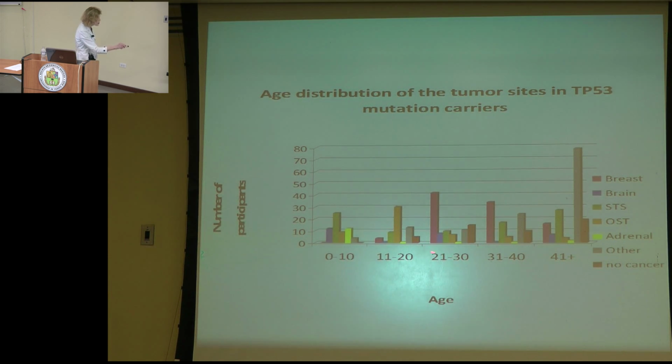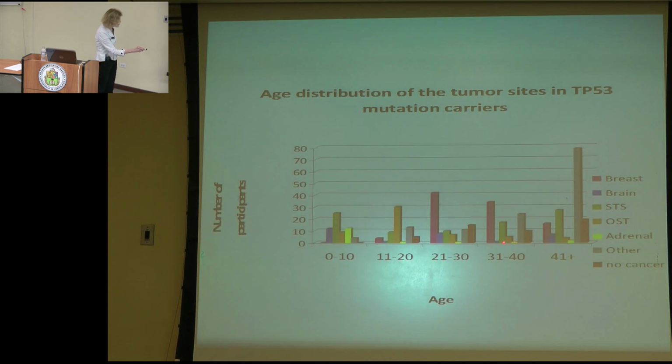As you get into 20 to 30, look at breast cancer go up. Huge increase for breast cancer. And as I mentioned, these are all female breast cancer. So this is the main thing accounting for this female early onset. You still see brain tumors, you still see some sarcomas, occasional adrenal, and a few other types.